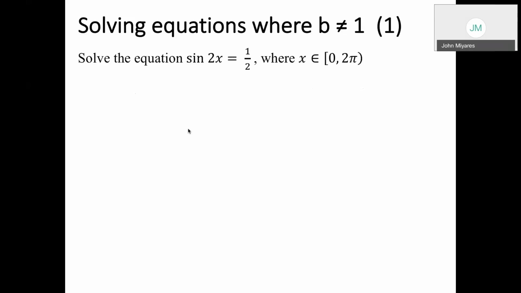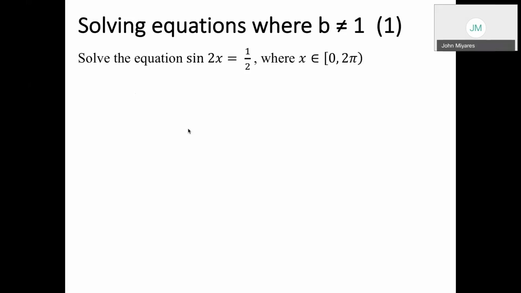Now, what you do not need to do is dive into the double angle formula to try to figure this one out. But knowing we have a double angle here is going to mean that we're not going to be able to solve it as easily as some of the other problems we've looked at so far in this presentation.